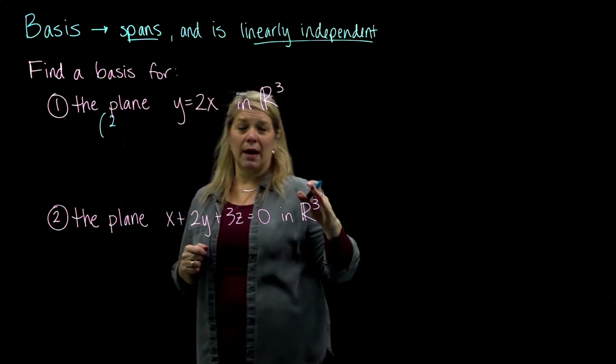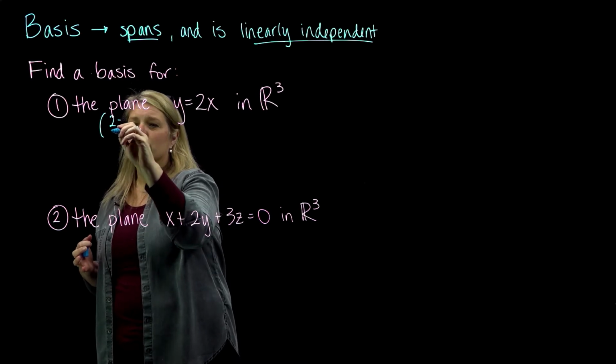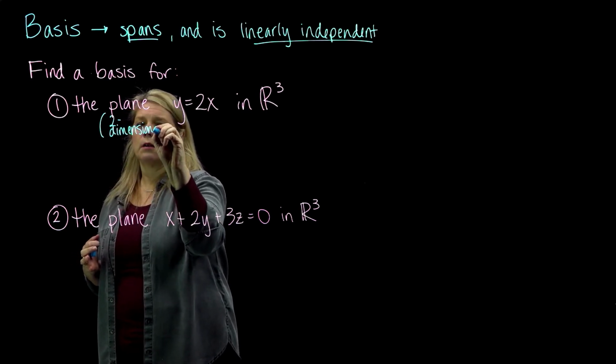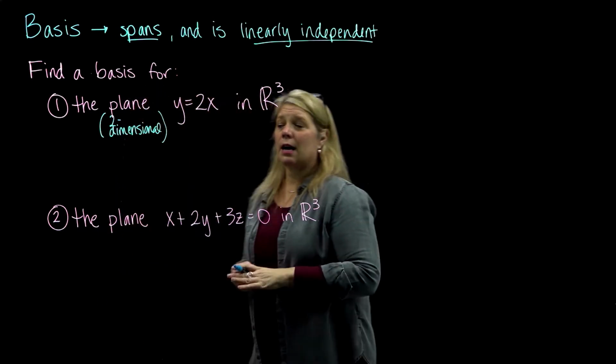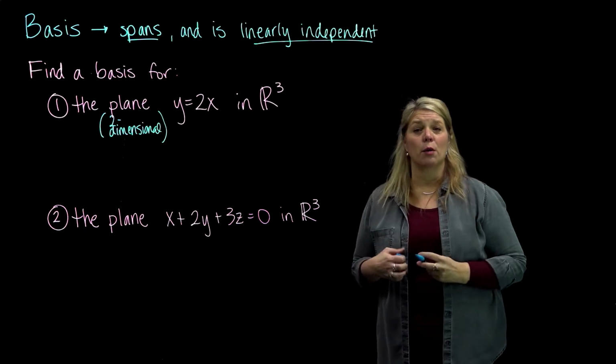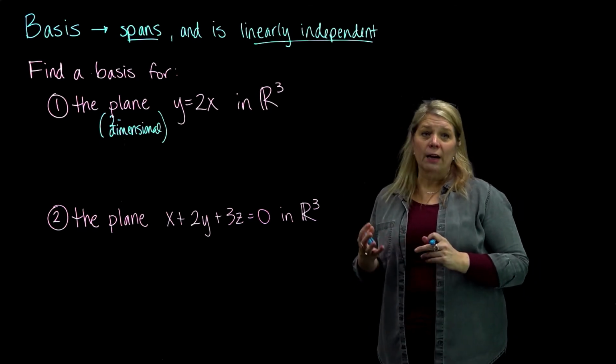Even though the plane might live in three-dimensional space, the plane itself is two-dimensional. So that tells us that when we think about finding a basis for these spaces, our basis should have two objects in it, two vectors in it.